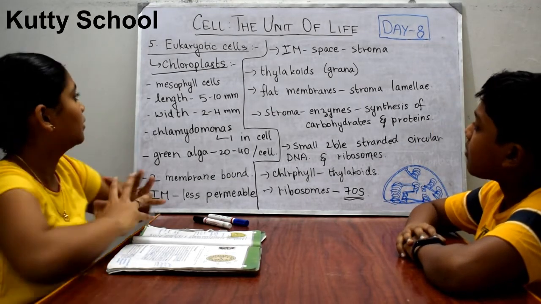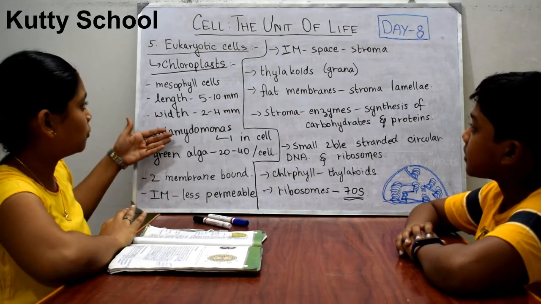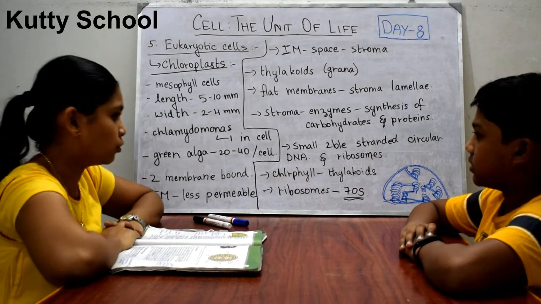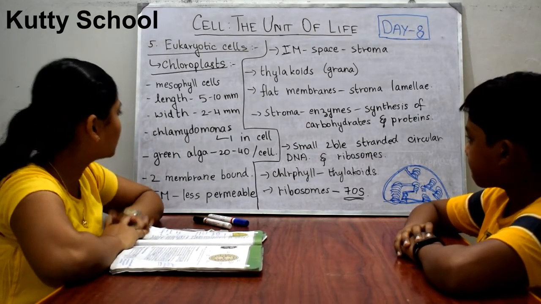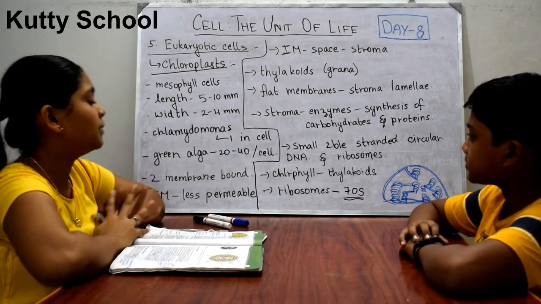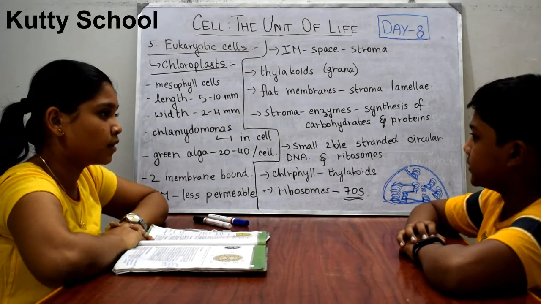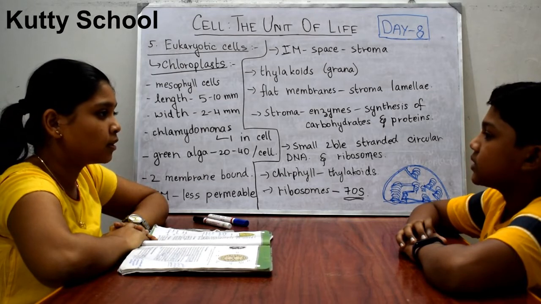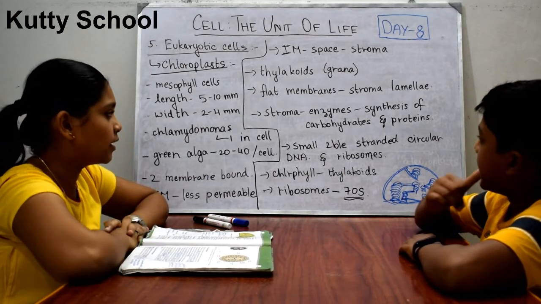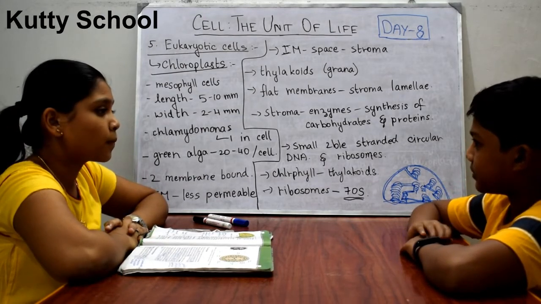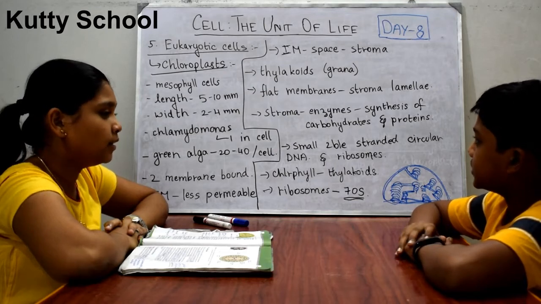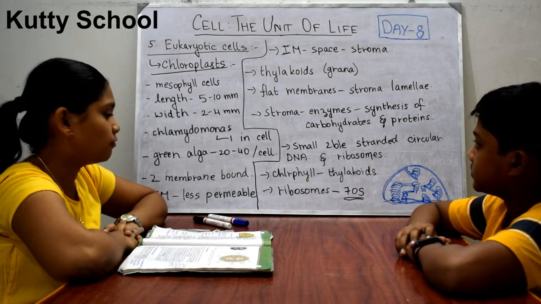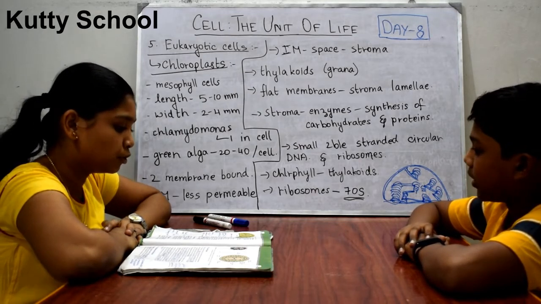Chloroplasts are generally present in the mesophyll cells of leaves, because they contain chlorophyll pigments and carotenoids. Mainly they are present in leaves. They help in photosynthesis and produce food.